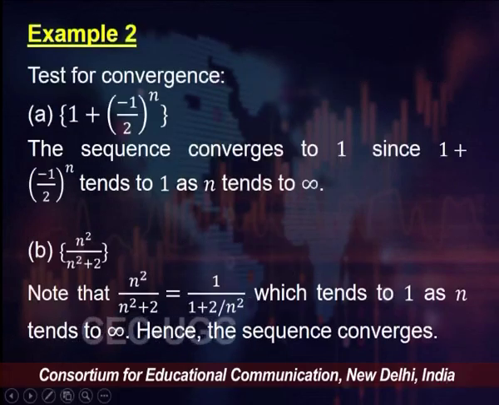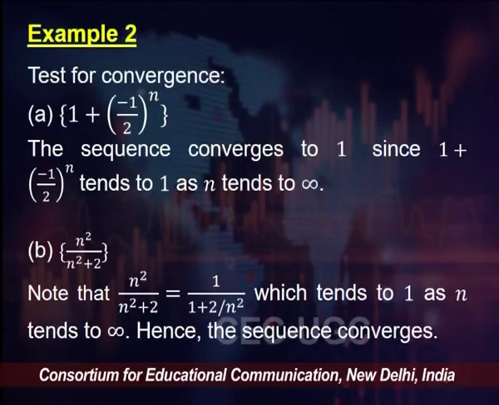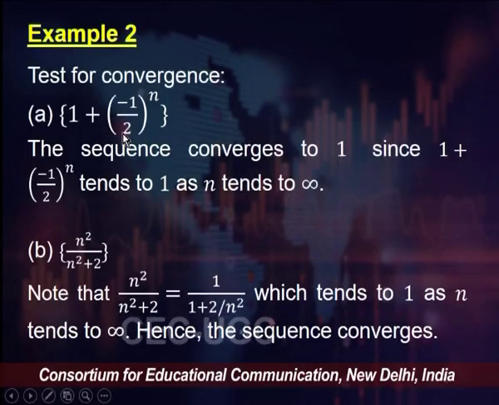In the next example, we are asked to test for convergence. I am not going to ask you to write down the terms. You should now get into the habit of testing for convergence by just looking at the limit of the general term as n approaches infinity. Here the general term is 1 plus (minus 1 by 2) to the power n.